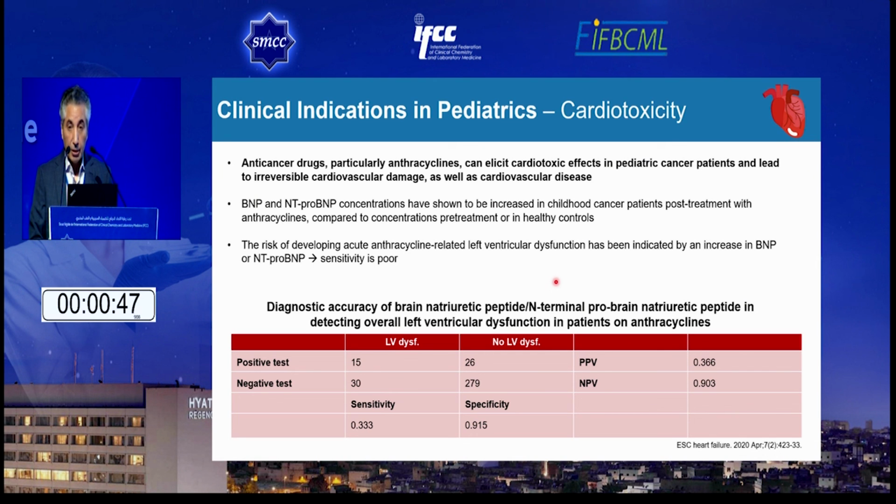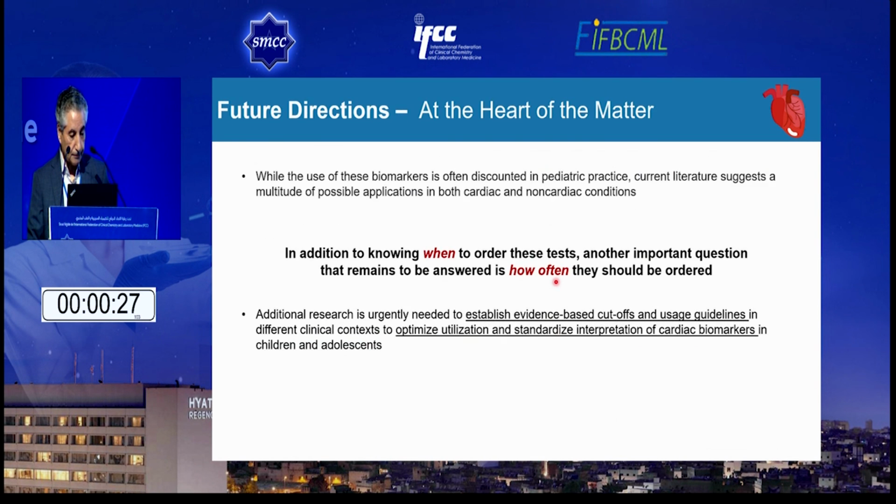Cardiac damage is pretty common, especially with overdose conditions, especially if you cannot have therapeutic drug monitoring, which is not available for all drugs. You could have potential cases of overdose and toxicity.